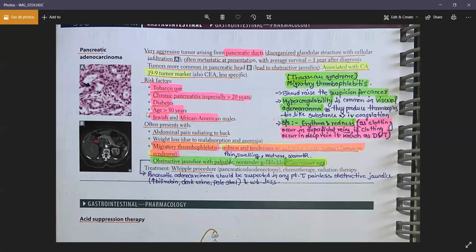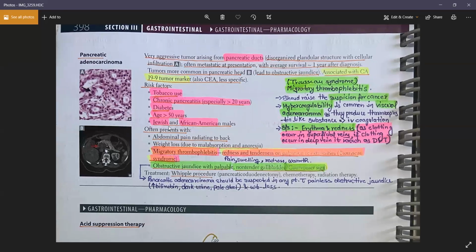Age more than 50 years, and the Jewish population or African American males have a very high rate of these cancers compared to other populations. So descent is important, age is important, the history of tobacco smoking is the most important, and chronic pancreatitis and diabetes are important. These are the risk factors for pancreatic adenocarcinoma.